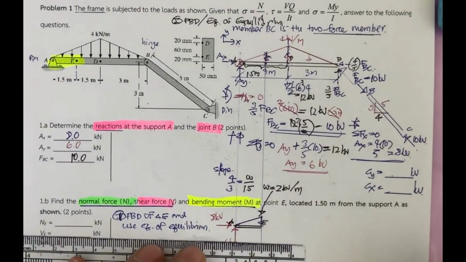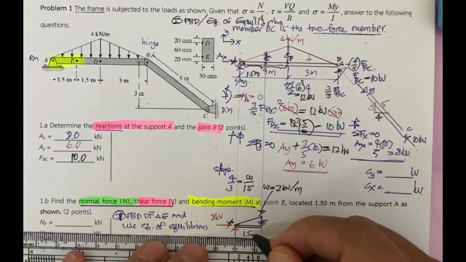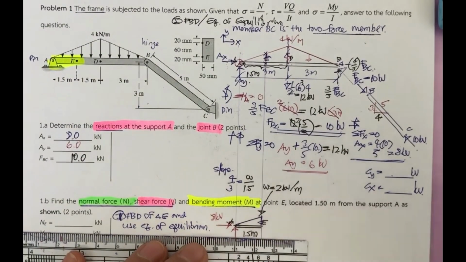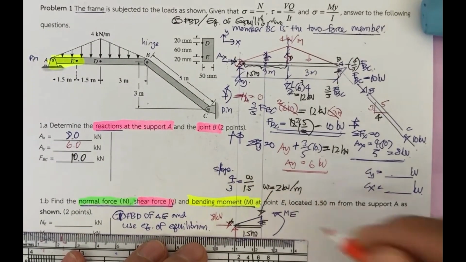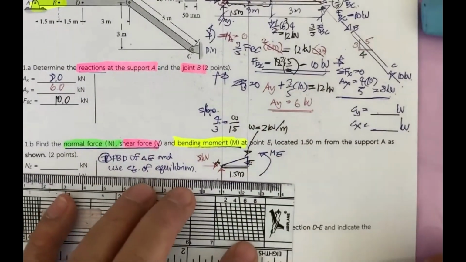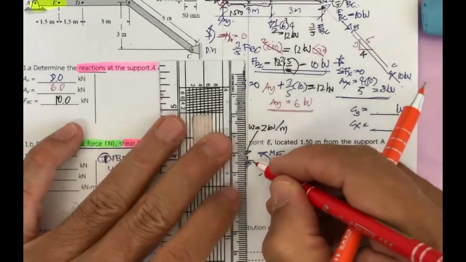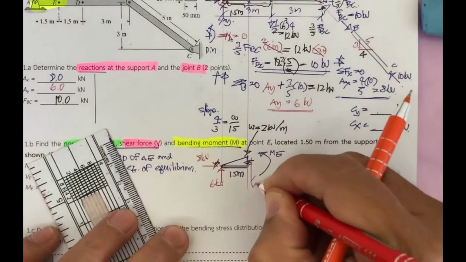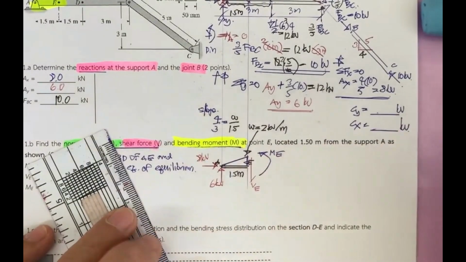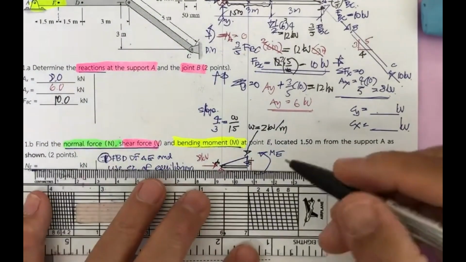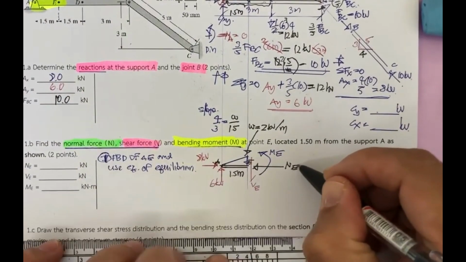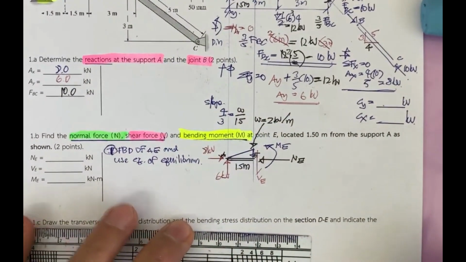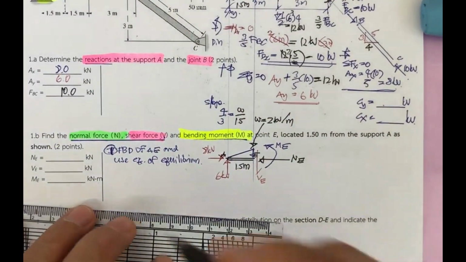Okay, and this one cannot be in equilibrium without the moment here. That is going to be M sub E. And if you go further, you're going to get this one for V sub E. And the last one that we're going to have is N sub E. Following this is going to be very easy.